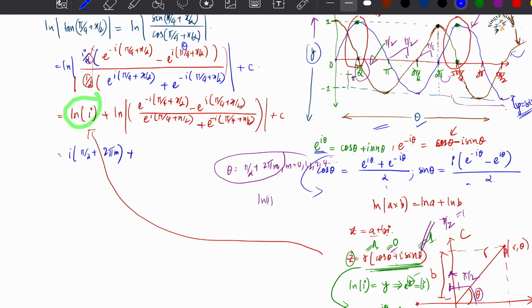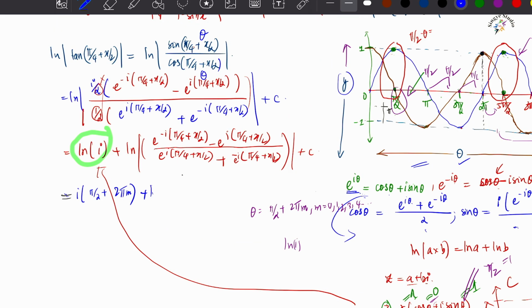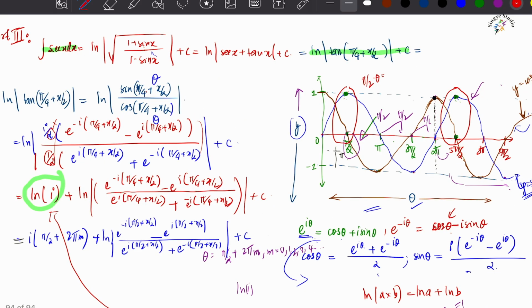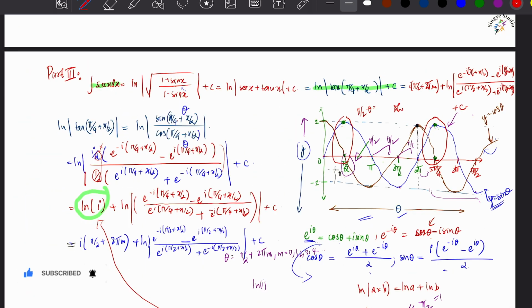Therefore, our final value is now i times pi by 2 plus 2 pi m, okay, plus ln of this one whole plus c, where m equals 0, 1, 2, 3, like that.